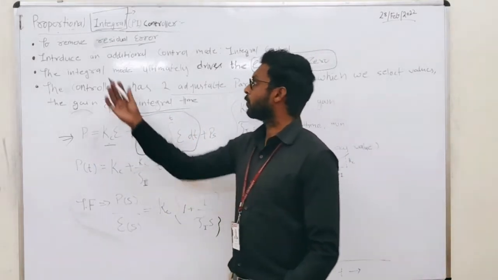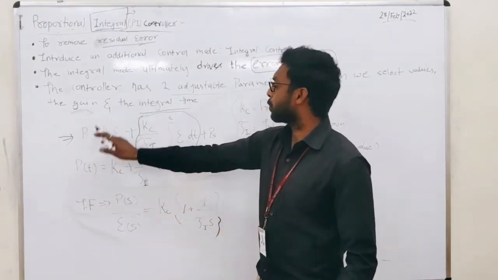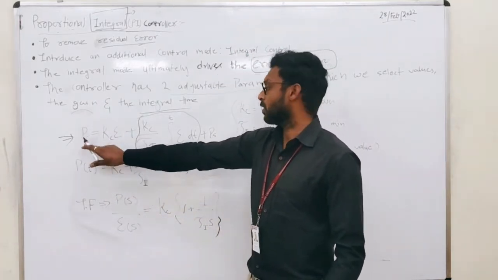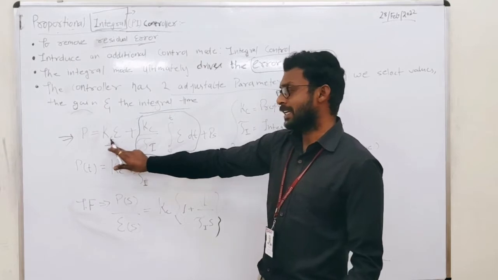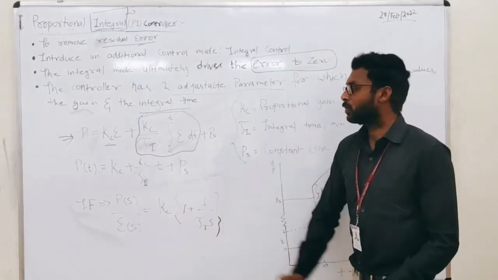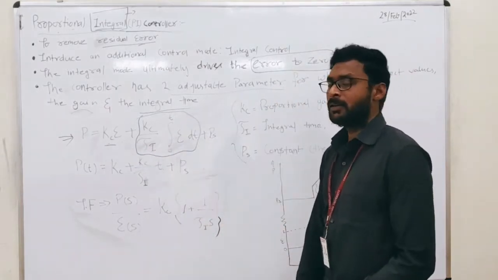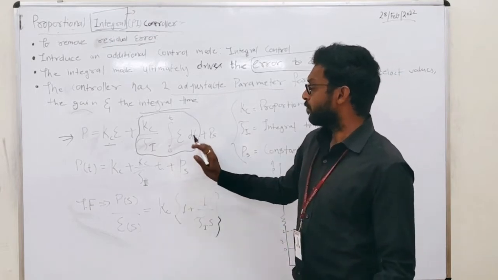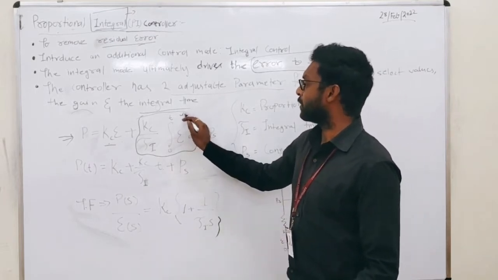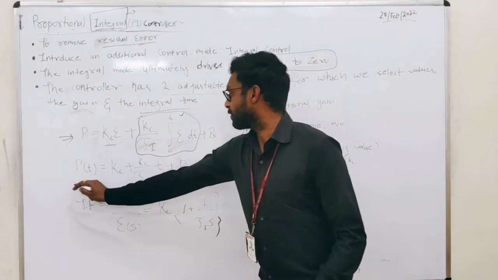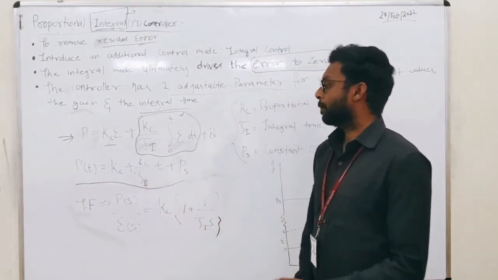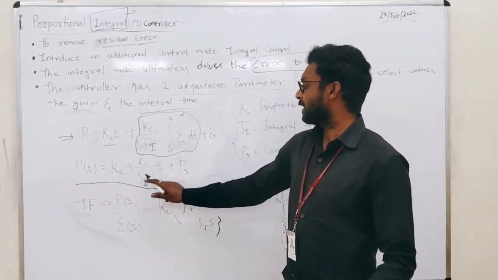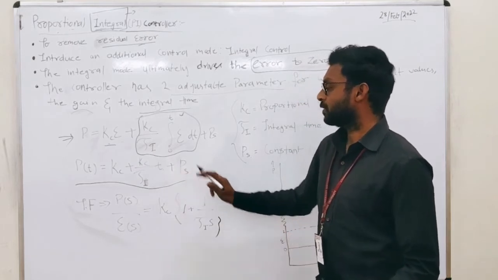If you remember what we discussed in the proportional controller, the action is P equal to Kc E plus Ps. To that we are adding the integral term. So here, if you apply the derivative to this equation, you will get Pt equal to Kc plus Kc by tau I into t plus Ps.